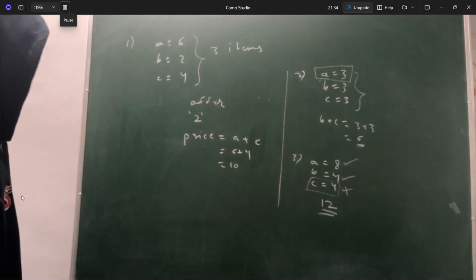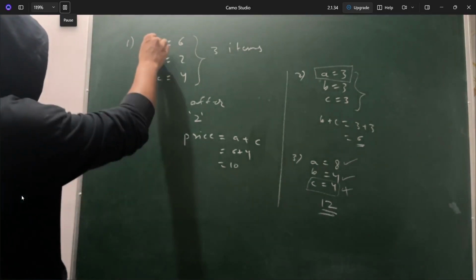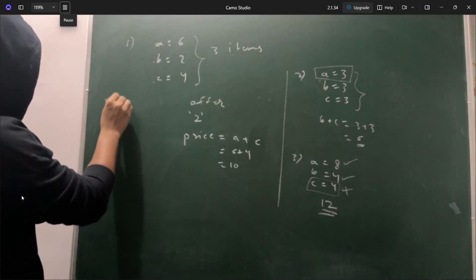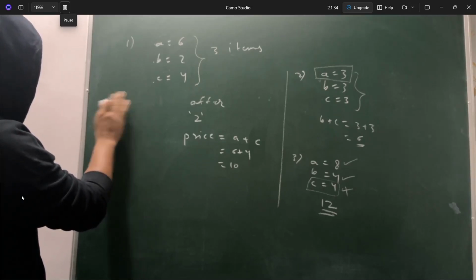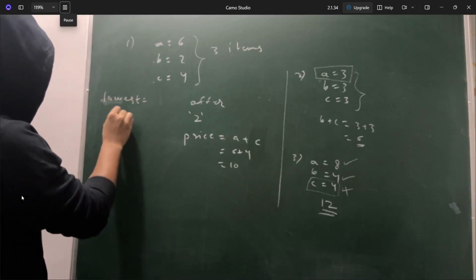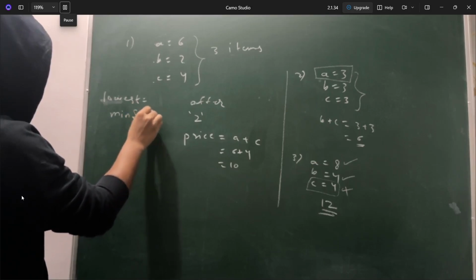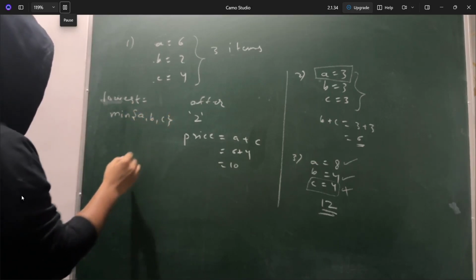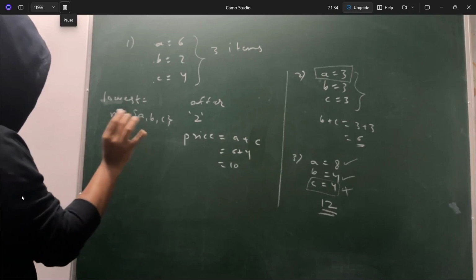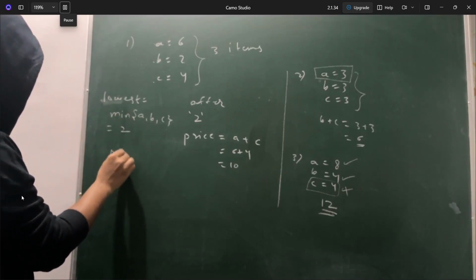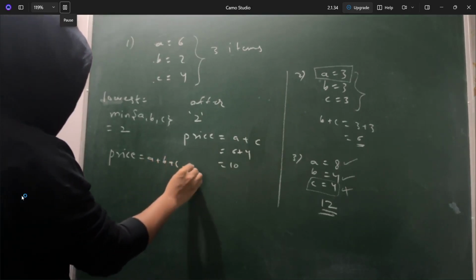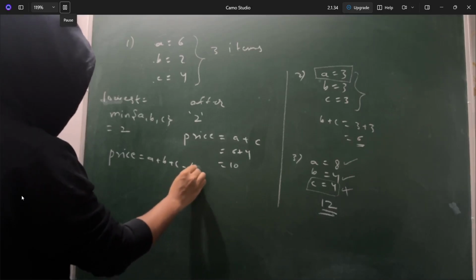So how do we solve this now? Among these 3, I'll try to find the minimum. Let me call it lowest. That will be the minimum of A, B, C. Once we find the minimum of A, B, C, which is 2 in this case, the price that you'll be paying is basically A plus B plus C minus the minimum, which is lowest.